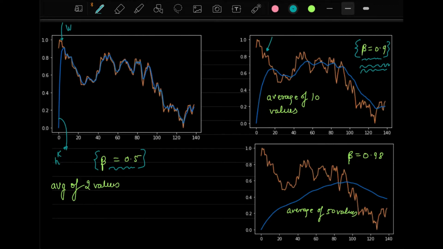That's why the blue curve is a smoother version of the original one. And when your beta is 0.98, still more than 0.9, you can see it's more smooth, like it's completely off the trend. So this is the original one, and this is the smoother version of it, and it's so smooth that it is completely off from the mark.